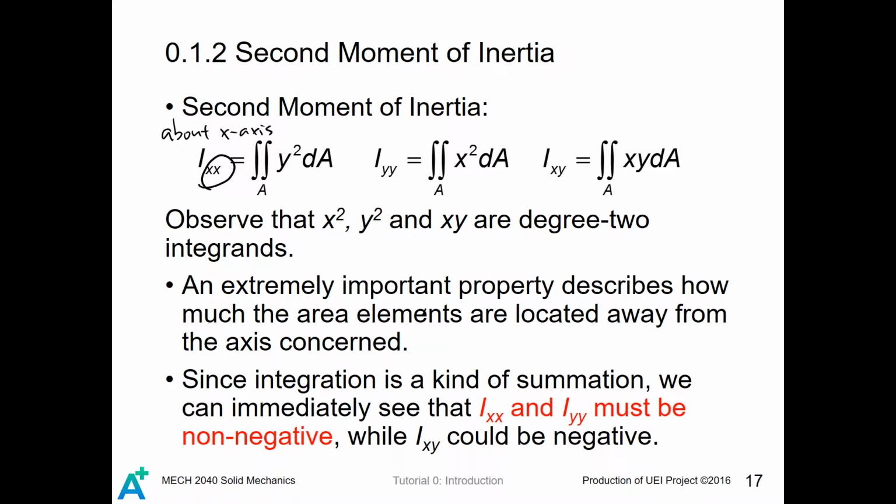And for each differential area element, you times it with y squared, and you sum them up. What does that mean? As we all know, area is greater than 0, while the y squared is greater than 0, and the integral sign just means the summation.